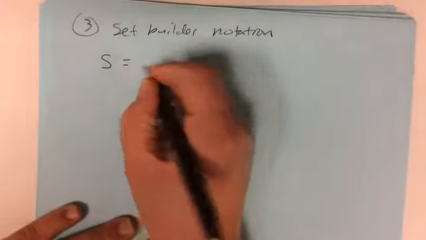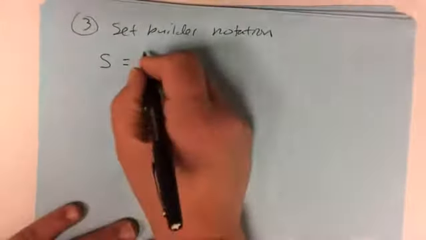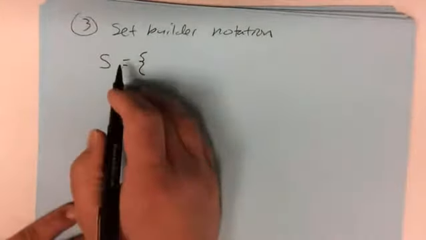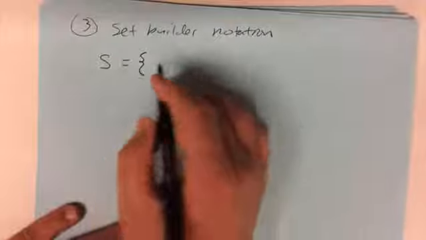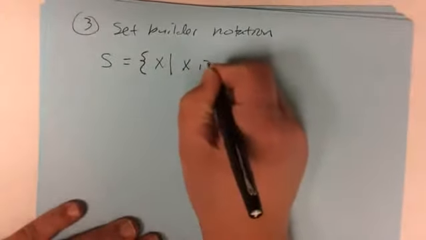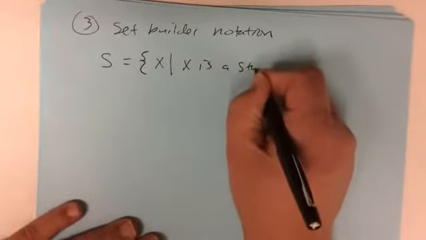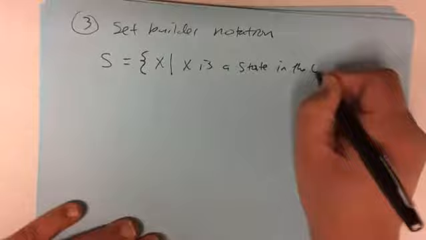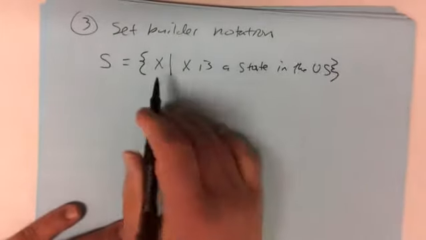Let's say I want set S to be the set of states in the United States. So I could say the set S is equal to all X such that X is a state in the U.S., United States.